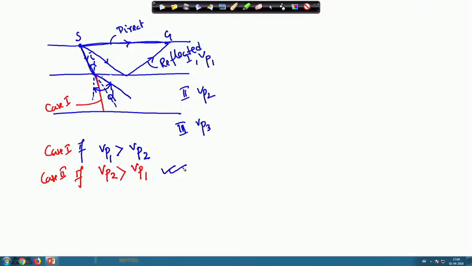This is very important, that you will get a good result if the velocity of the layer increases with depth. That means, if the velocity of the lower layer is greater than the velocity of the upper layer, then only you will get good results.